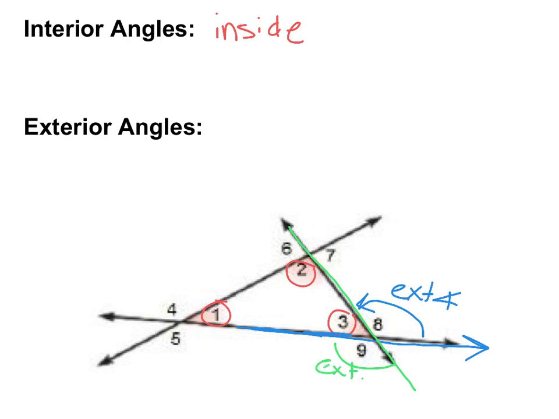This angle right here is not exterior, but it is a vertical angle to angle 3. So the exterior angles are created when a side length is extended. Here's another one. 7 would be the exterior angle. 6 would be the exterior angle. 4 and 5 would also be exterior angles.